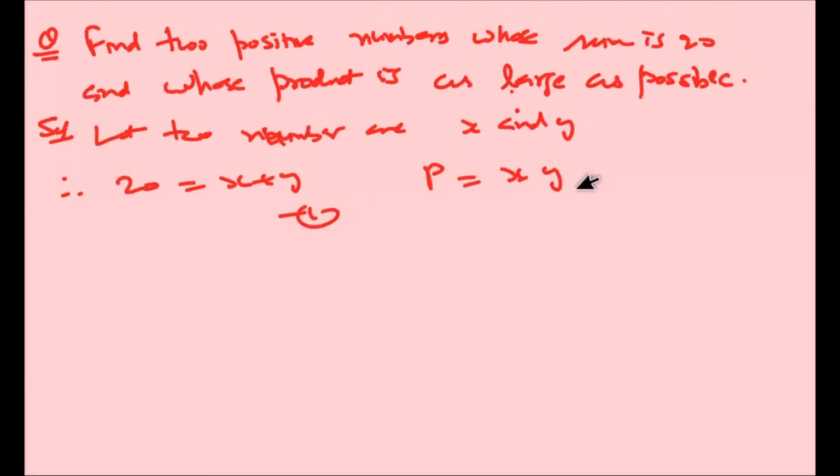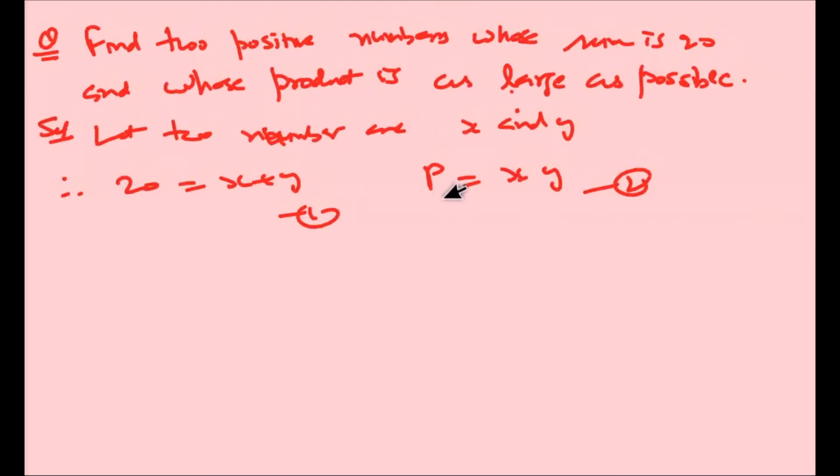Equation 1, equation 2. As I have already explained, you have to frame the question with two equations relating the given data. One should be a constant, and here you have to find the maximum value.